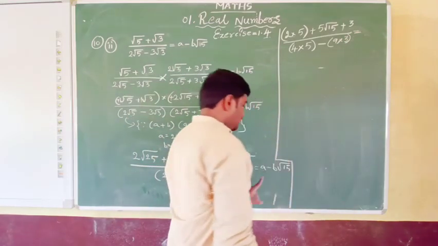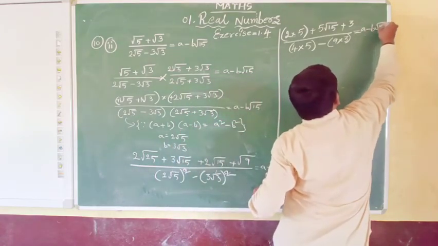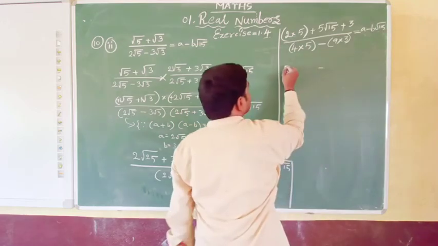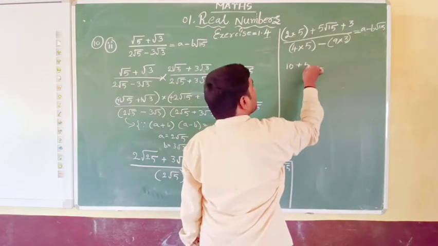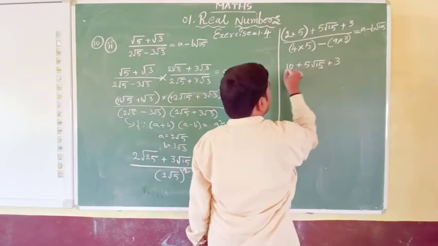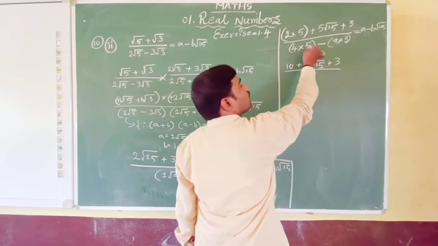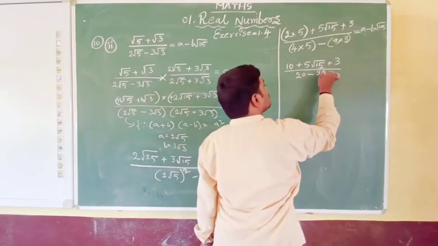That equals a minus b root 15. So let us do it here. 2 5s are 10 plus 5 root 15 plus 3, by 4 5s are 20 minus 9 3s are 27.